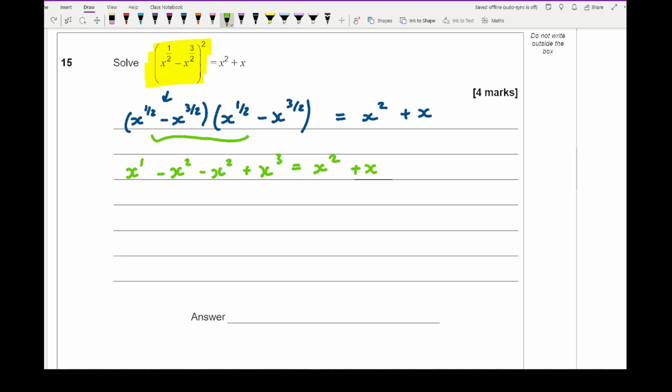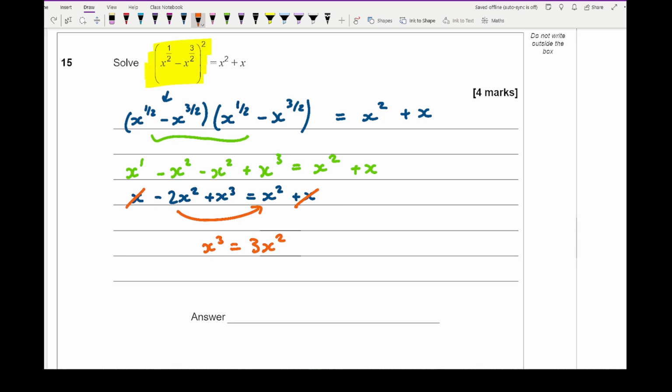So then what I've got to do is now simplify this. So what this then becomes is x minus 2x squared plus x cubed equals x squared plus x. So then the x's cancel out. And then from this, if I take this over to the other side, I end up with x cubed equals 3x squared.